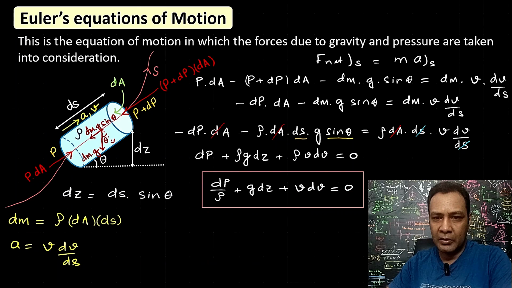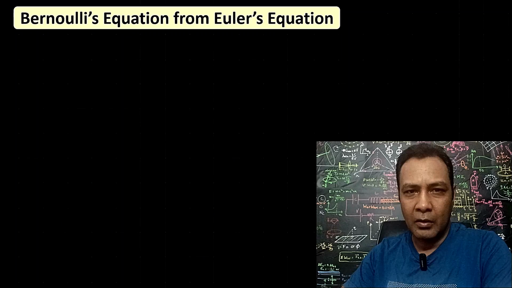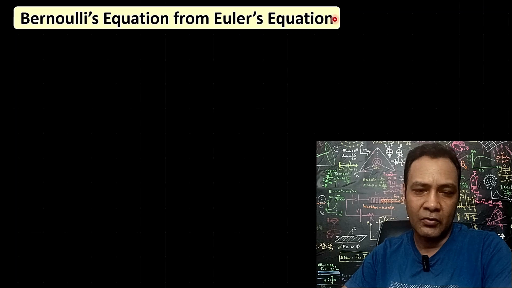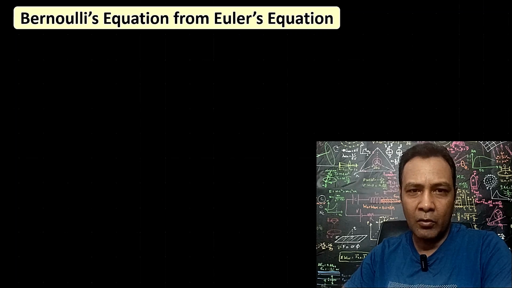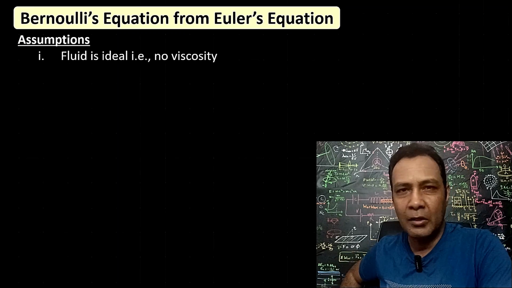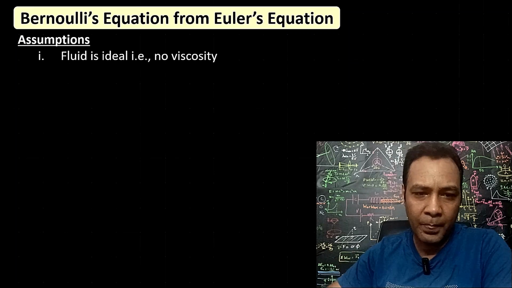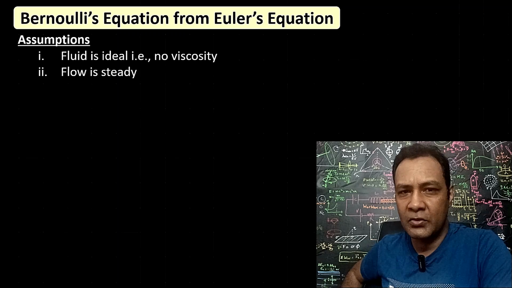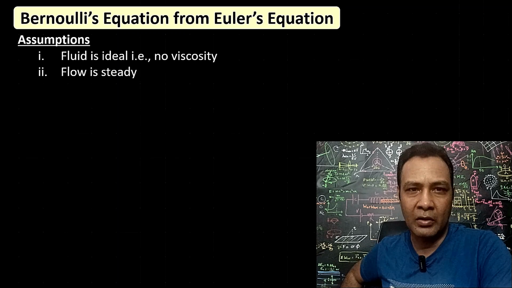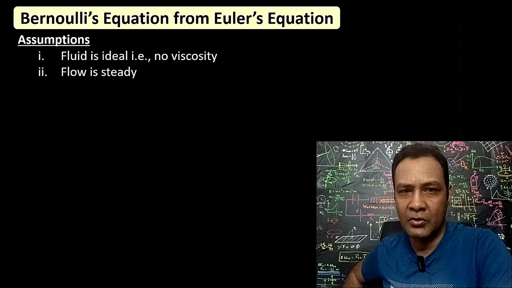And now using this relation, we can derive Bernoulli's equation from Euler's equation. For Bernoulli's equation, the assumption is that the fluid is ideal, meaning there's no viscosity. The flow is steady; only then can we talk about the streamline. So we write Bernoulli's equation along a streamline.